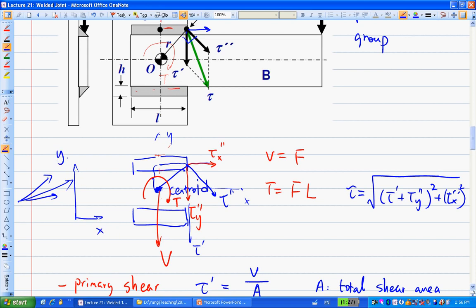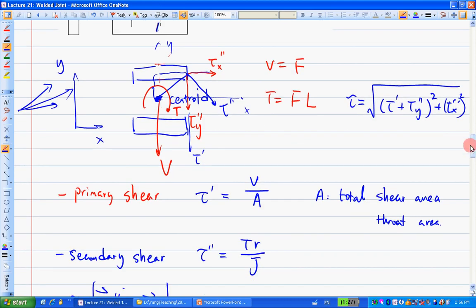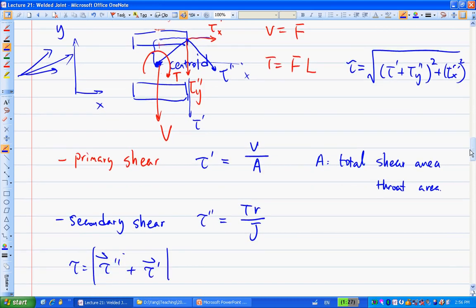So geometry-wise, if you look at this diagram, your tau x double prime will equal T times this portion here. That portion is the y coordinate of the centroid.